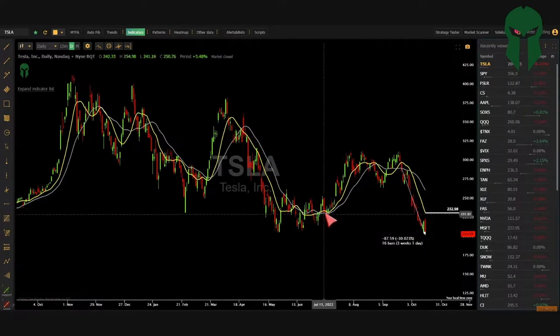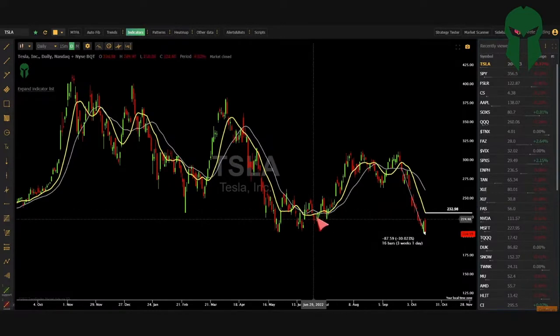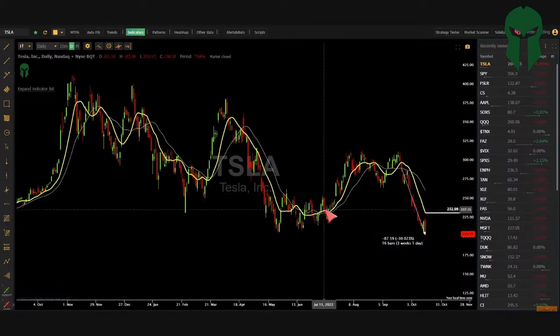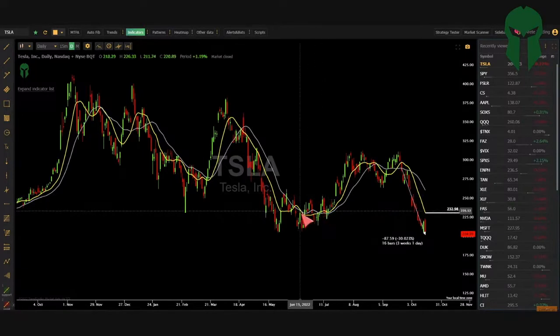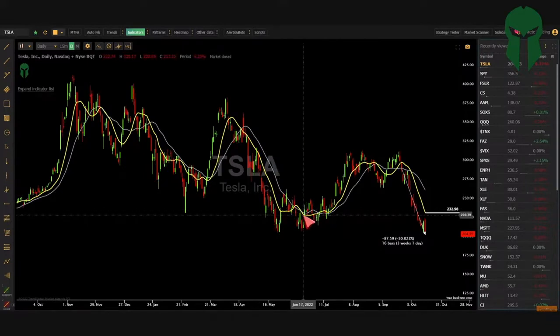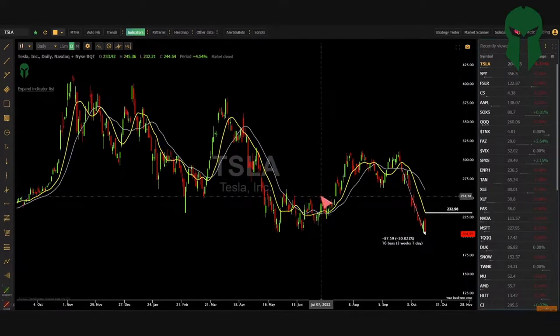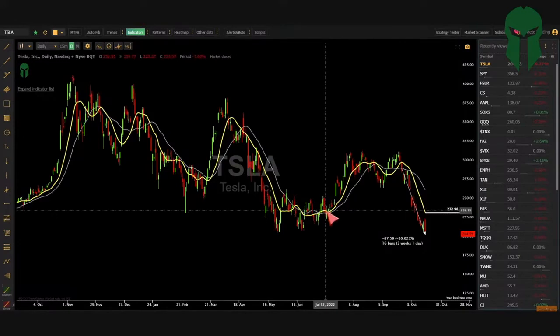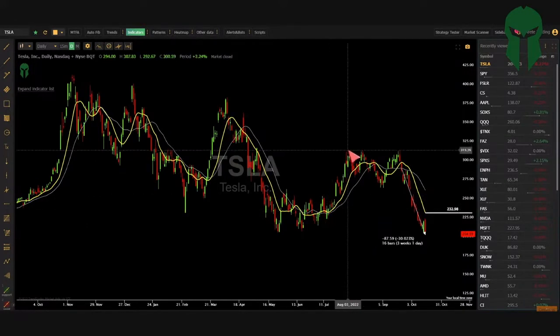If you did this back here, right, when you broke out, let's say it breaks out, fails, you get stopped out, right? Over and over again, it breaks out, fails, and you're going to get failed breakouts. Breaks out, fails, lose money. Breaks out, fails, break even, right? Breaks out, break even, right? Over and over again until you catch this.